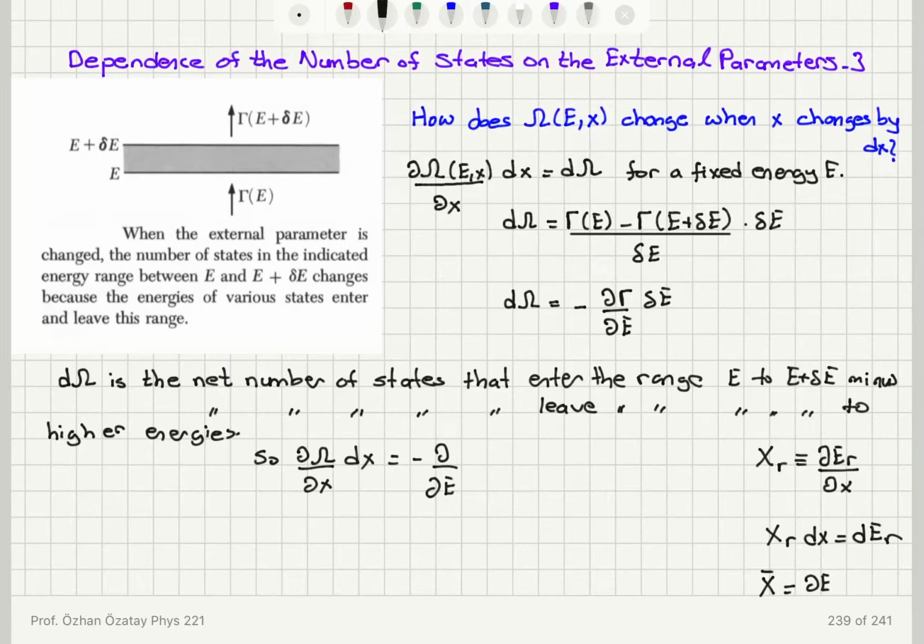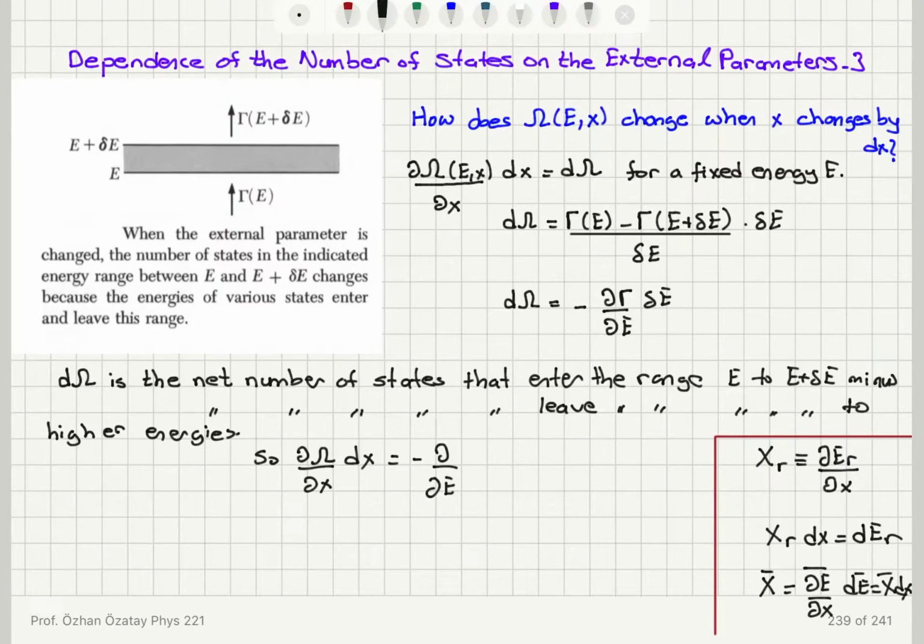So this is going to be del E bar del x, so that you will see that dE bar is X bar dx. So this is basically a reminder of our definition for capital X. It's the change of energy levels due to a change in the external parameter x.